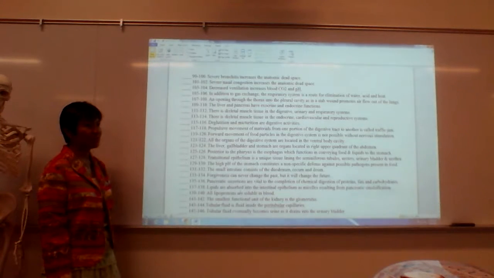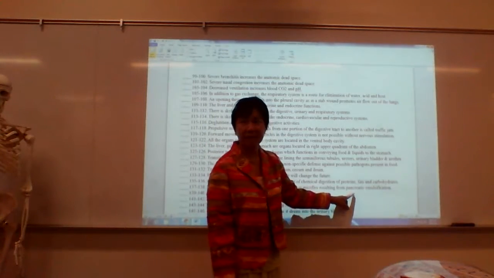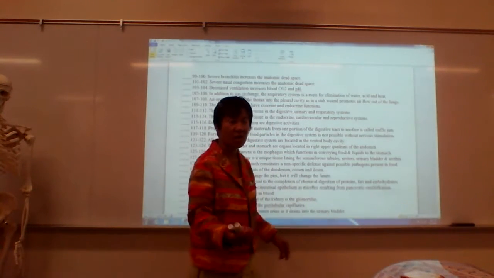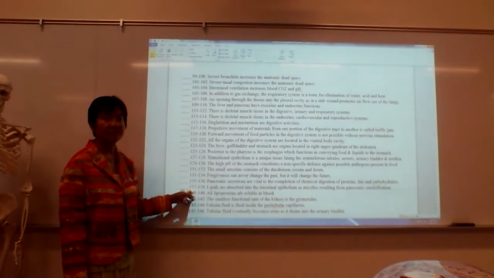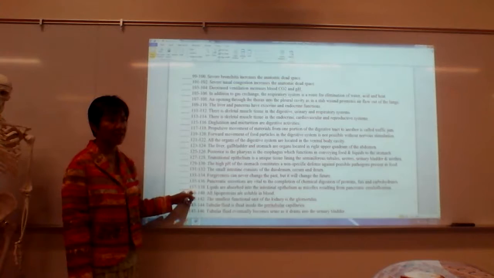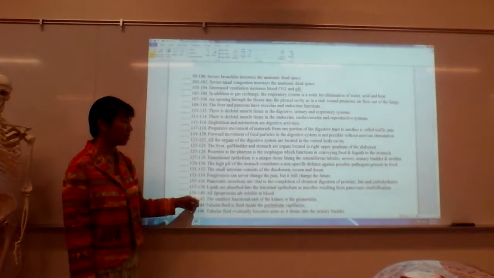It's so obvious. See? What emulsifies the fat? Is it the pancreas? No, it's the gallbladder. So this is wrong. Emulsification is from the gallbladder, not the pancreas. The pancreas digests it.